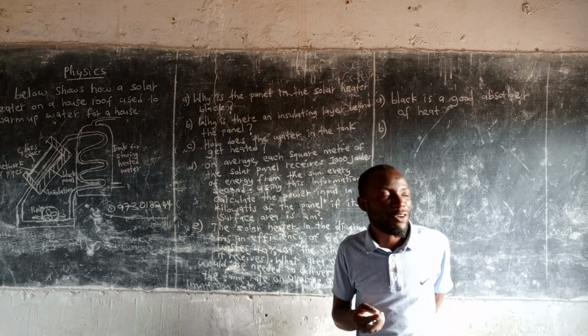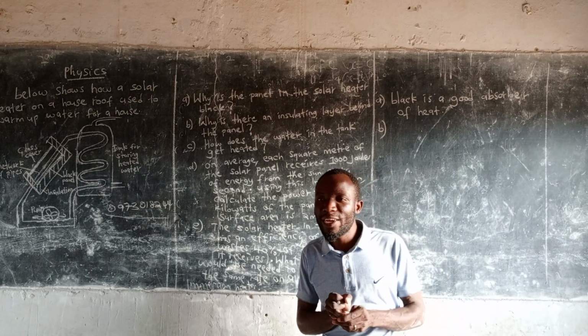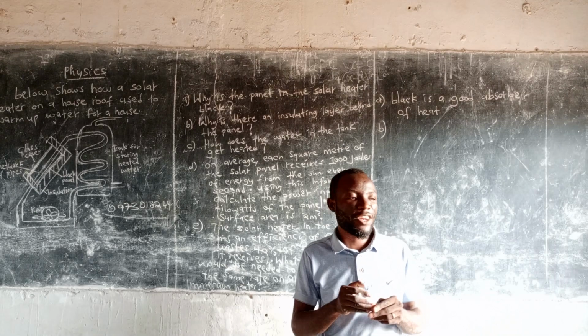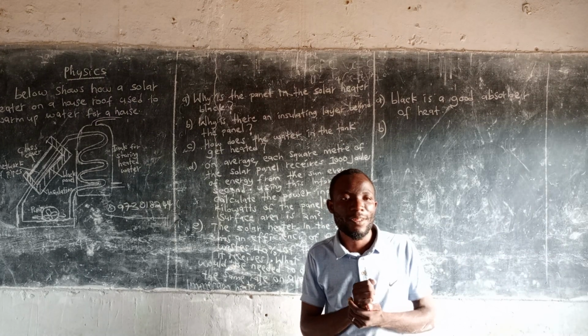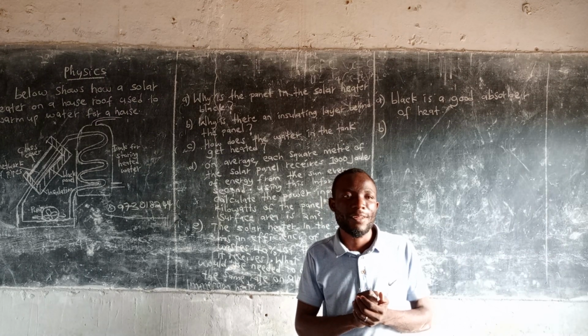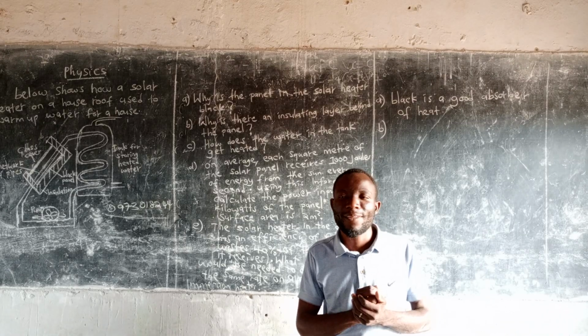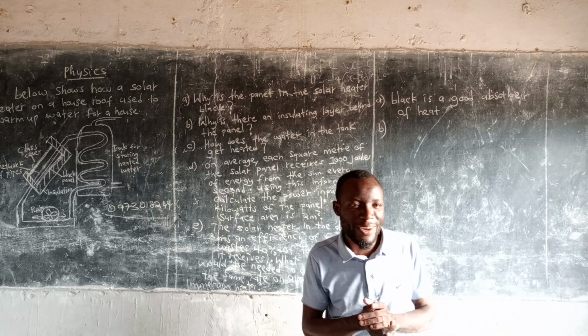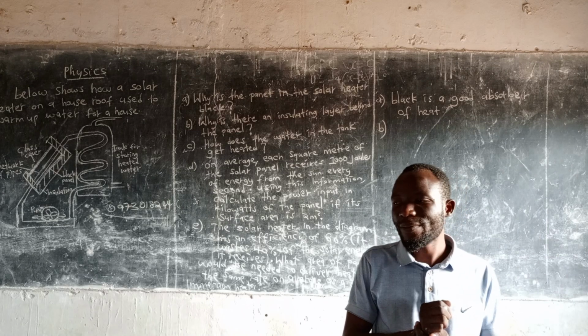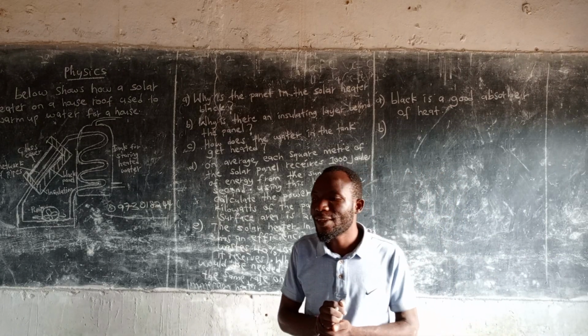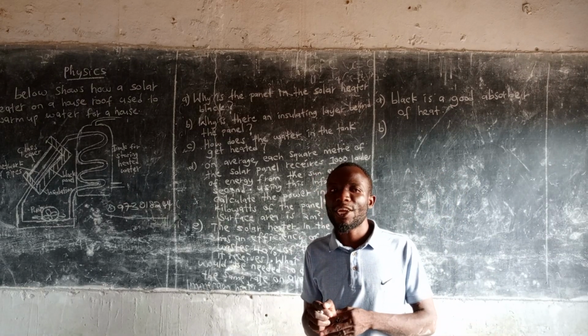What is an insulator? Maybe we start from there to answer this question. What is an insulator? Or what does an insulator do? People look lost, I don't know what's happening. What does an insulator do? Okay, to prevent heat from?